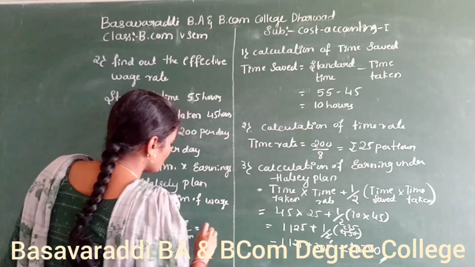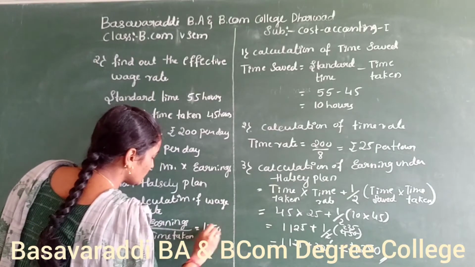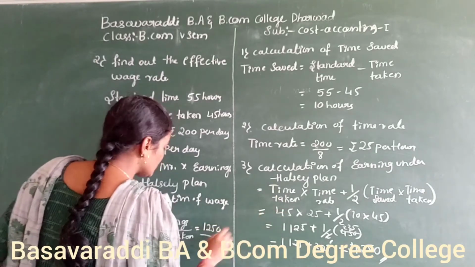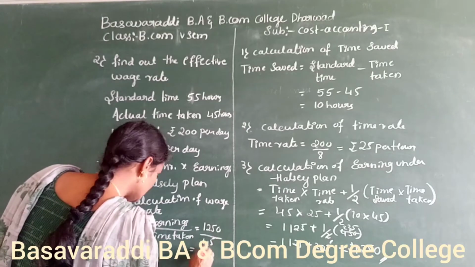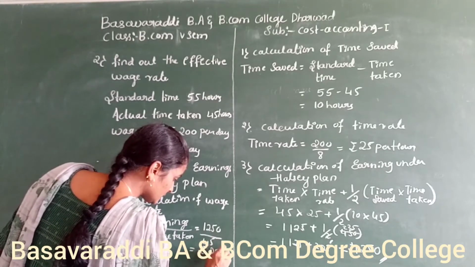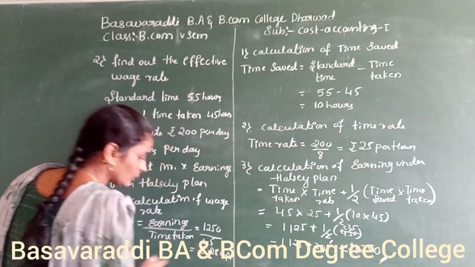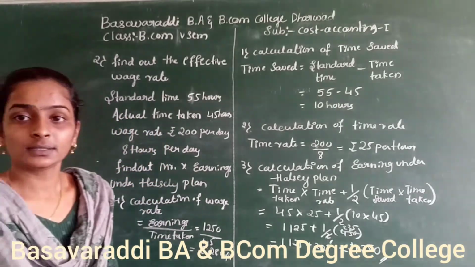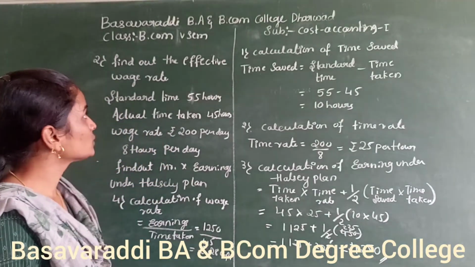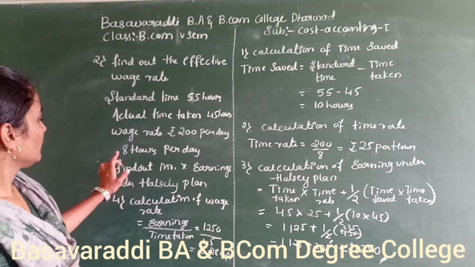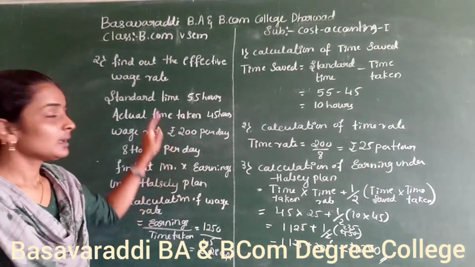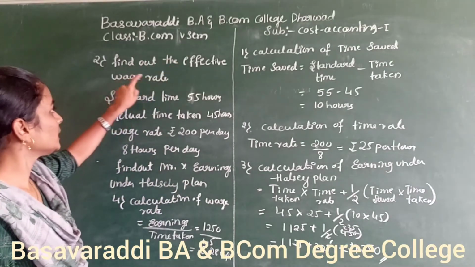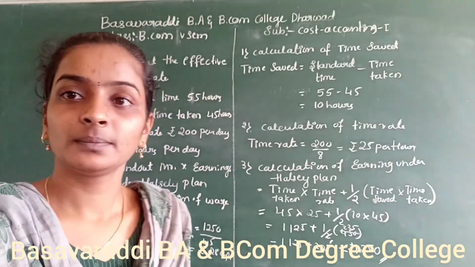Earnings is 1250, time taken is 45, so it is rupees 28 approximately. I hope you understood how to calculate the earnings under the Halsey plan and the effective wage rate.